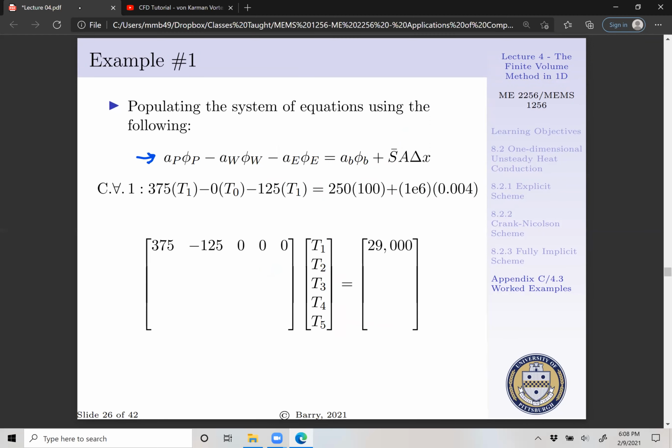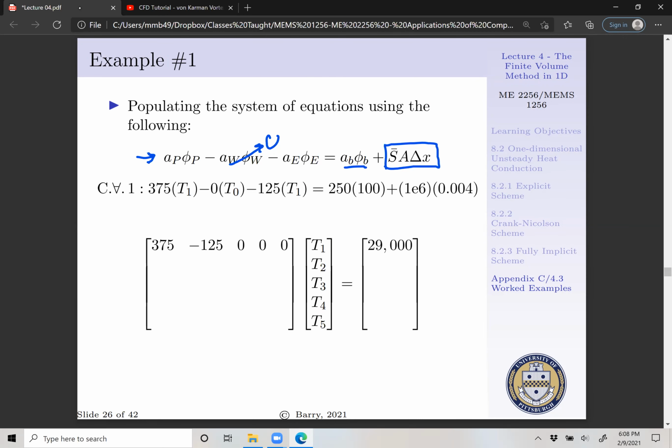So what we're going to have is AP, there is no west, minus A east is equal to A at our boundary plus our source term. Now this is the only main difference to the inclusion of source terms within either a steady state or a transient diffusion problem. We just tack it on. It is literally a constant that we are adding to our B matrix every term within.